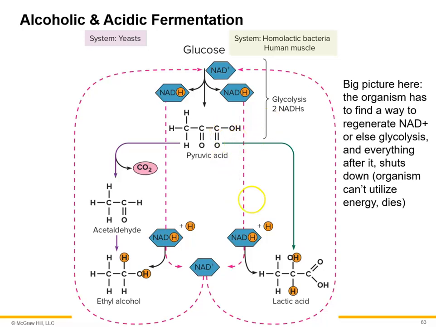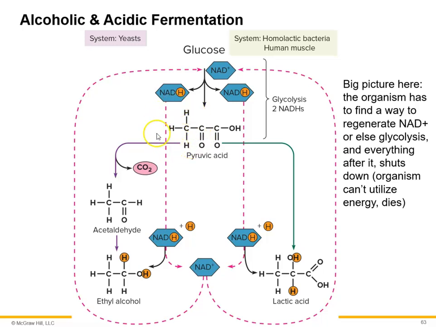In our muscles, pyruvate goes on to form lactic acid, and in doing this, it takes electrons from NADH, okay? So it oxidizes NADH into NAD. That's in human muscle.